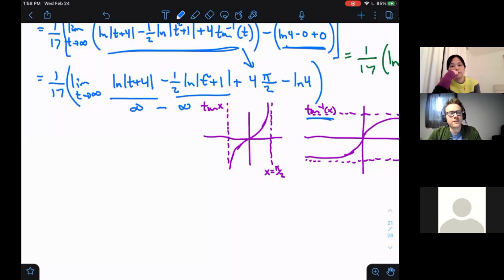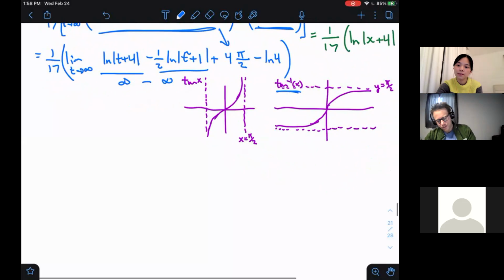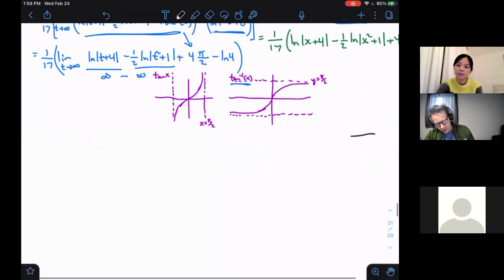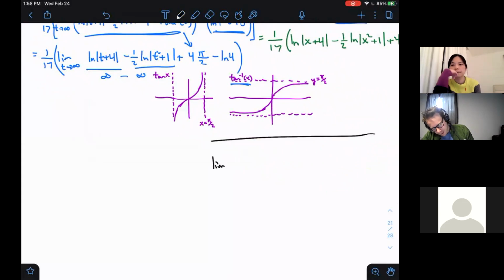And so we need to figure out how I can rewrite this in a way that I can actually figure out this limit. I'm hoping that maybe I can use L'Hopital's rule, but L'Hopital's rule requires it to be written as a fraction and everything. And so we need to spend a little bit of time. Maybe I'll pull off one more time to the side here, and I'm going to write this problem piece here.